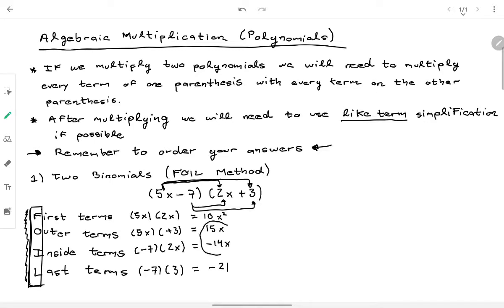These two of them are like terms, so we can simplify them. It will be minus x. So in this case, the ordered answer will be 10x squared minus x minus 21.